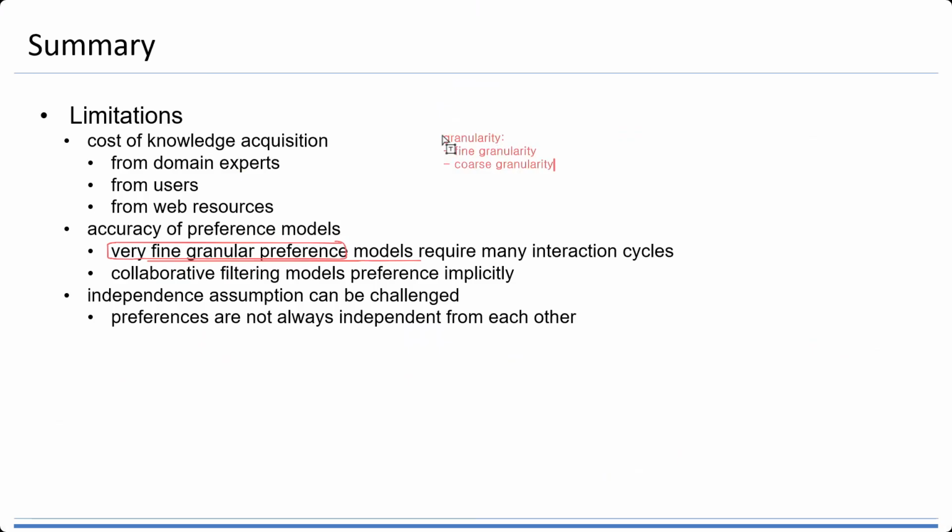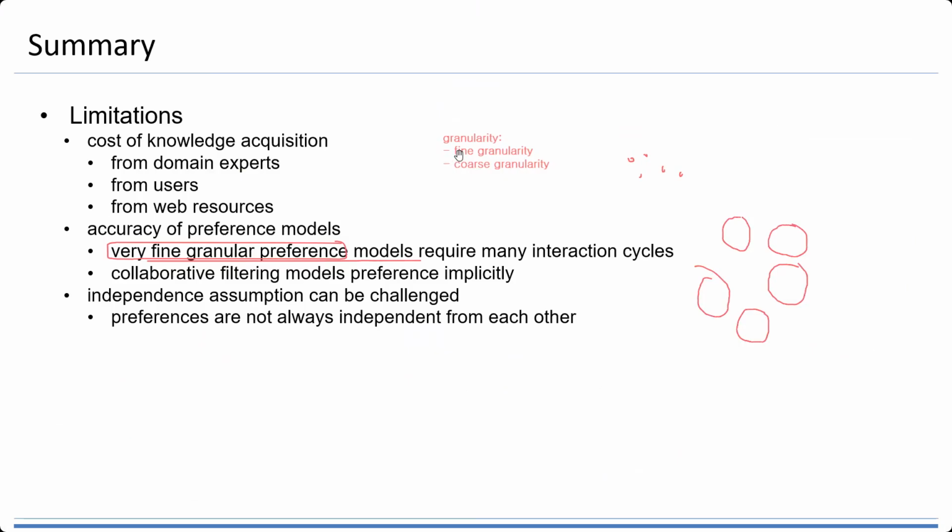Fine means it is very detailed, very small detail. Coarse granularity means you do not have all the detail, it is just roughly.